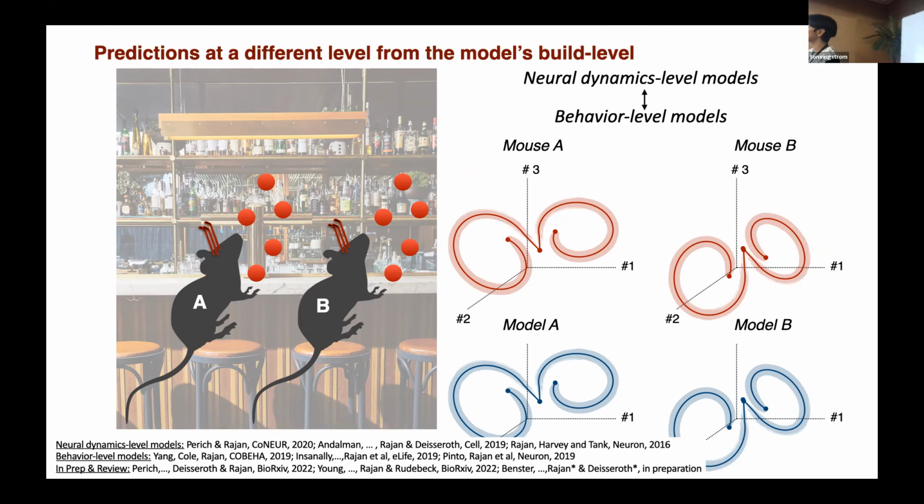So if I'm building a neural network model in which I am capturing the neural dynamics, then the hope and prayer is I can make predictions about behavior. If I train a network with backprop to just match the behavior, hope and prayer is I can capture essential features of the dynamics that would have led to the behavior in the first place. So those models have been incredibly powerful. What vanishes behind people's faces is the word predictions. So that's the strength of approaches like this.